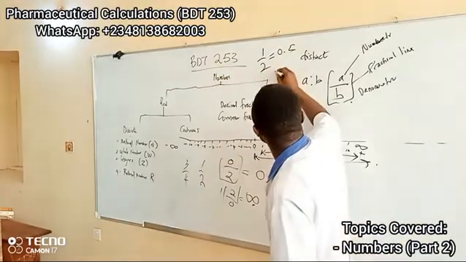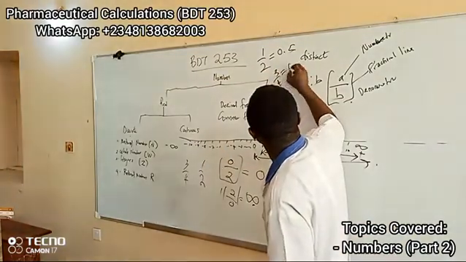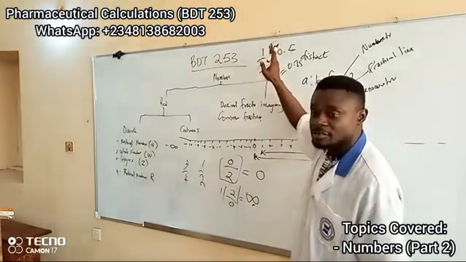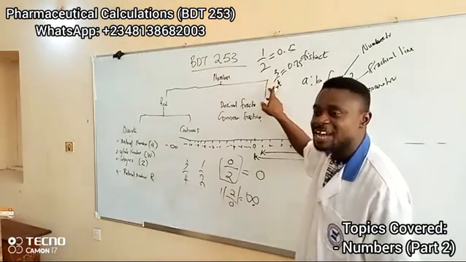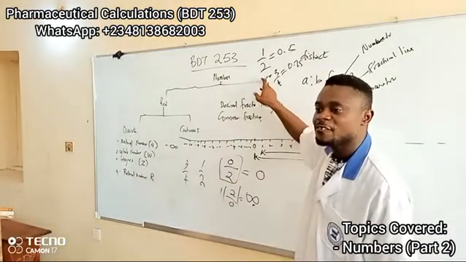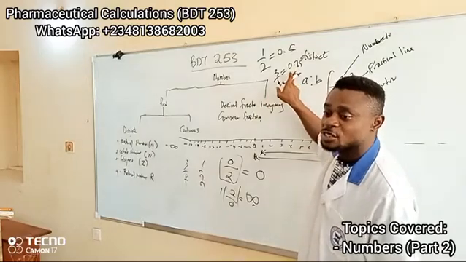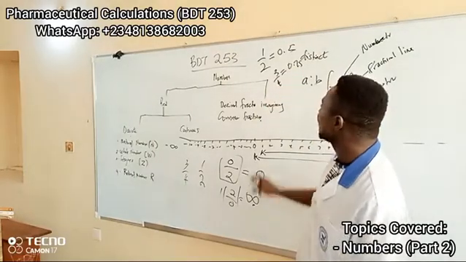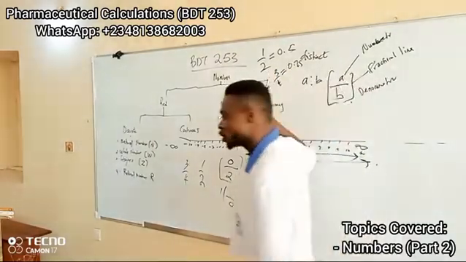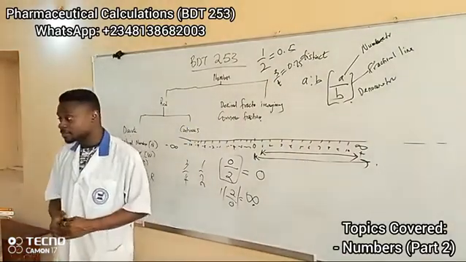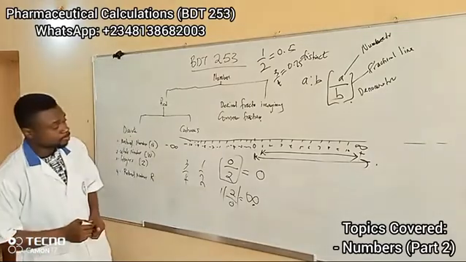So 3/4 has the same value, and 3/4 is a rational number. It's a common fraction expressed as a decimal fraction, 0.75, by just dividing the numerator by the denominator. Am I communicating? Good.